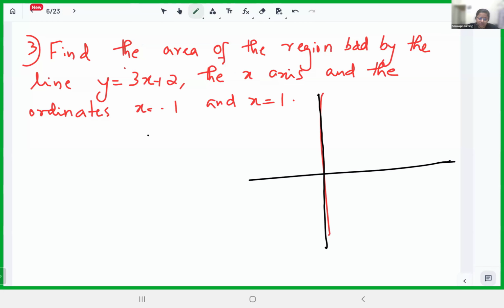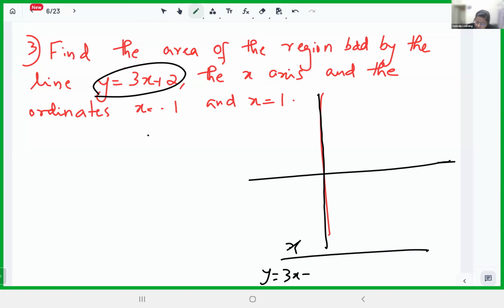So this is our x-axis and y-axis, and it is y equal to 3x plus 2. We have to substitute the values, right? So let this be x, and this is y equal to 3x plus 2. If x is equal to 0, then this is 3 into 0, which is 0, plus 2 is 2.